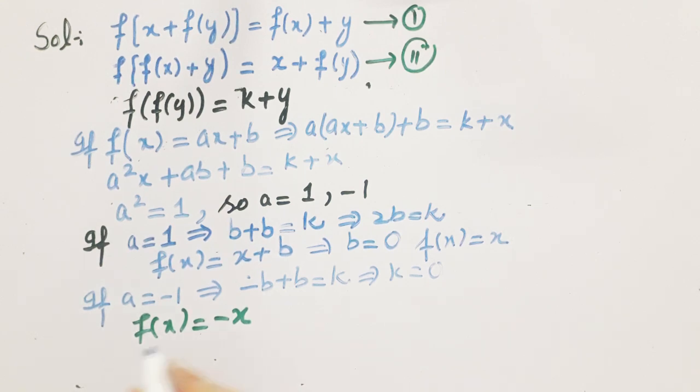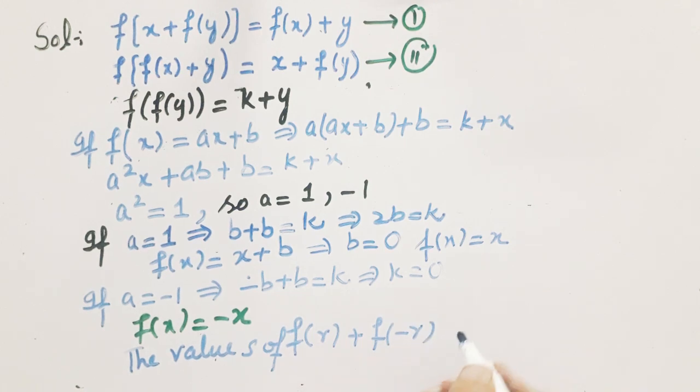So we say that the value of f of r plus f of minus r is always 0. So this always works. So this is the complete solution of this question.